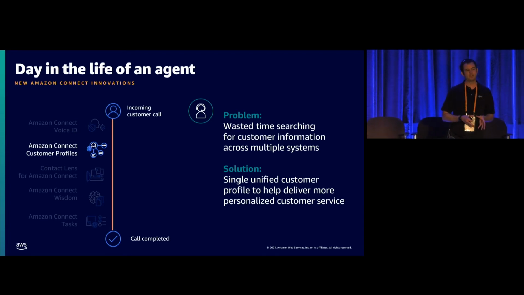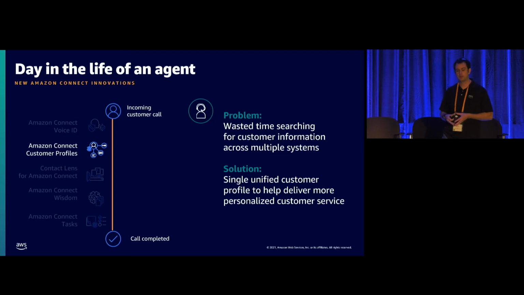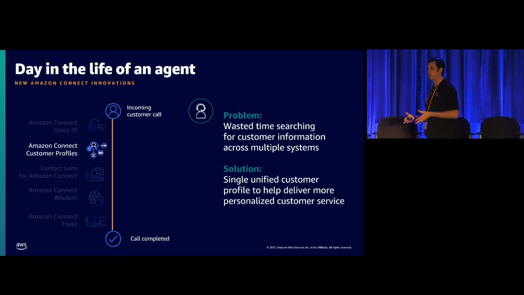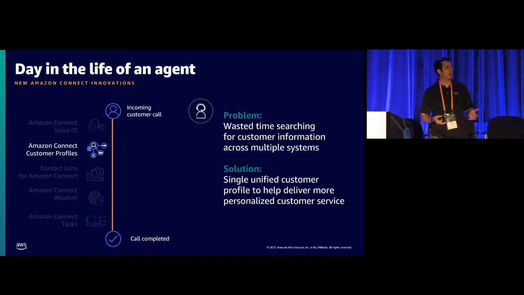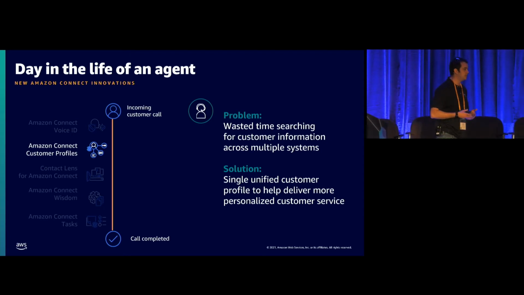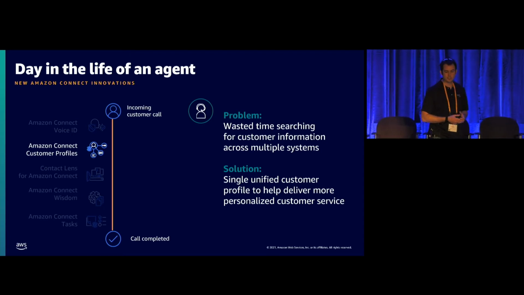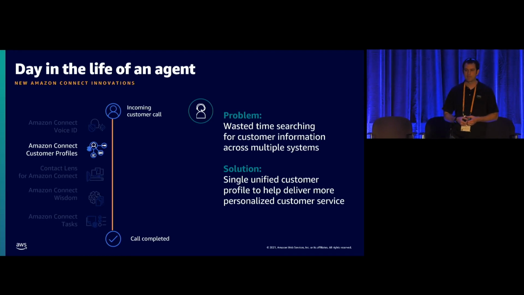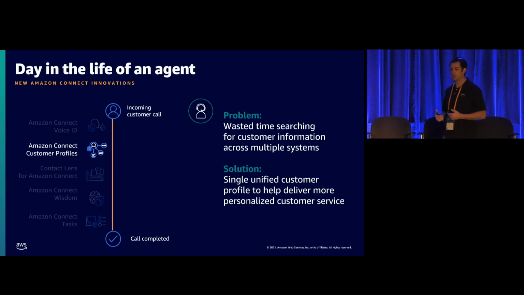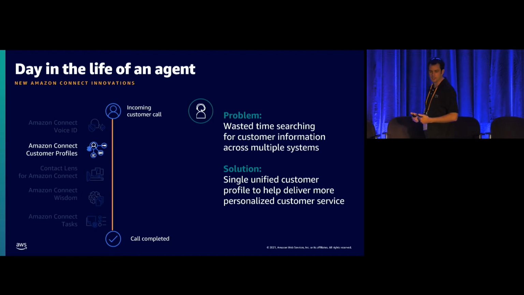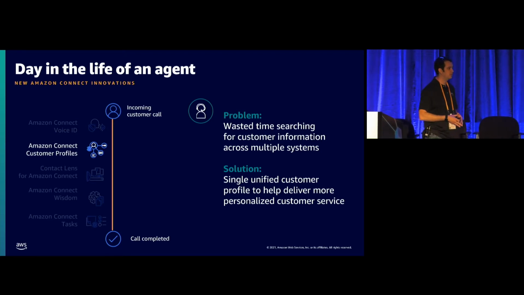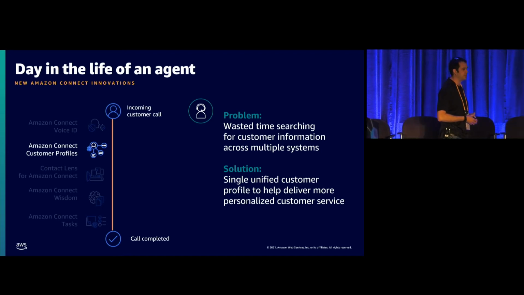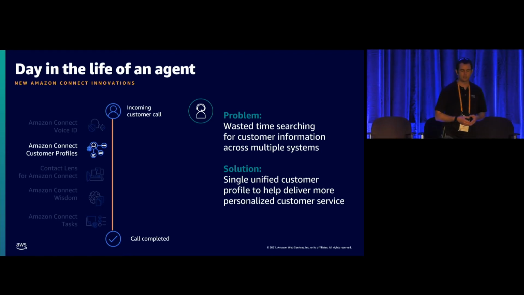And now we can use that information to route that call based off of status, such as VIP status, or perhaps the number of times that this caller has called in the recent history. And when the caller is connected to an agent, all the information about that caller will be surfaced to the agent so they have all the information they need to assist that caller.